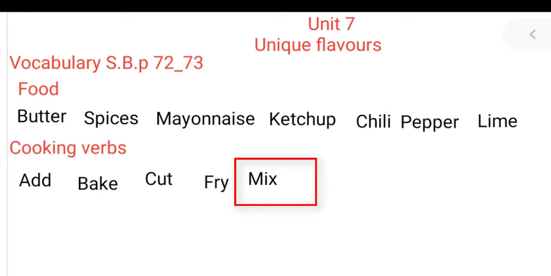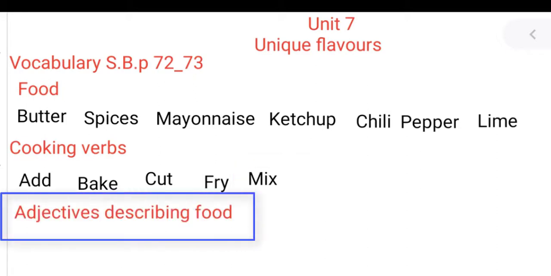Okay? The next group is very important. It's the most important group of the 4 groups. As you can see, the group includes some adjectives that can be used to describe food. And there are about 7 words in this group.